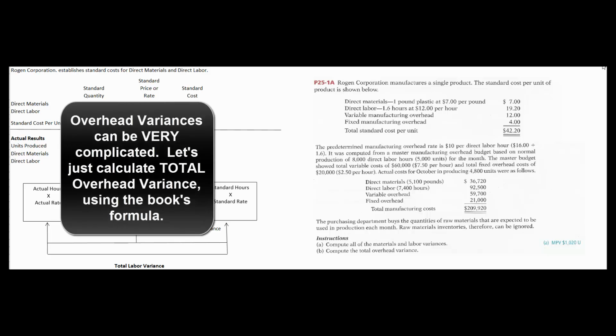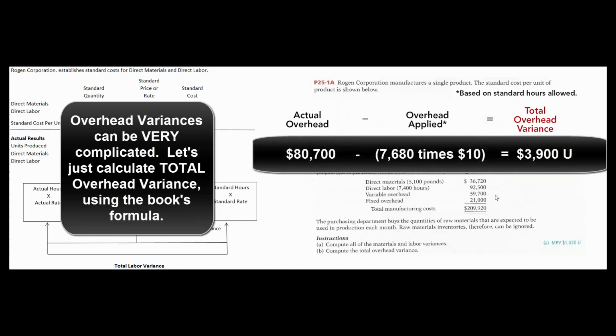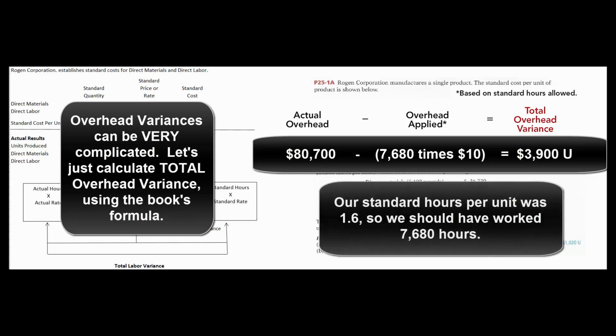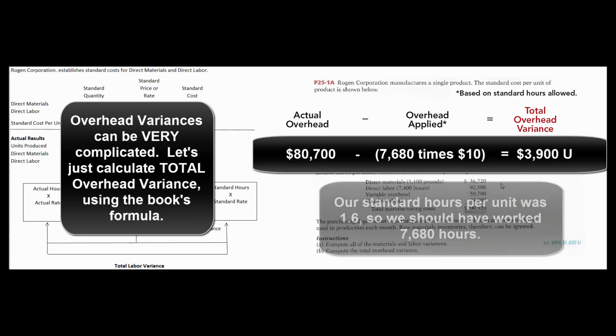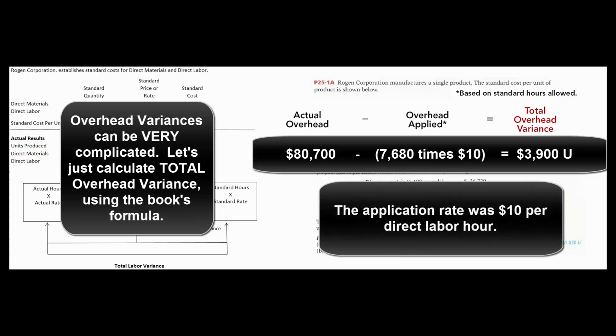Overhead variances are a pain, but let's just do the total overhead variance. Here's our total overhead, variable plus fixed. That adds up to 80,700. We're going to subtract from that the overhead applied at the standard rate. Well, we were supposed to work 1.6 hours on each of these units. So we should have worked 7,680 hours. We were supposed to apply overhead at the rate of $10 per hour.